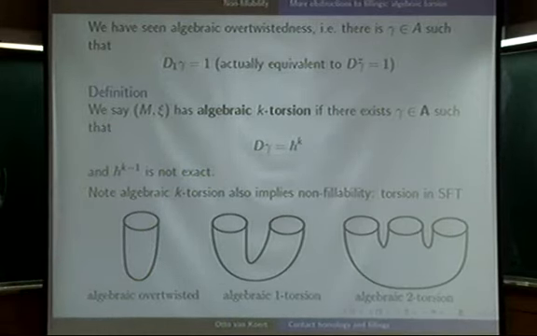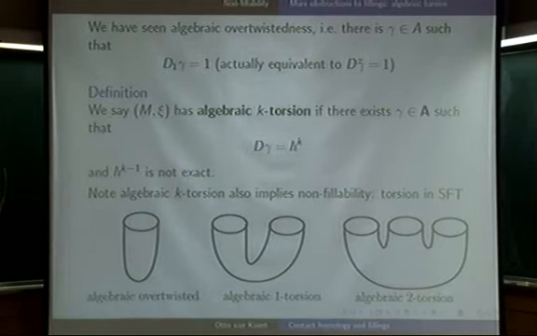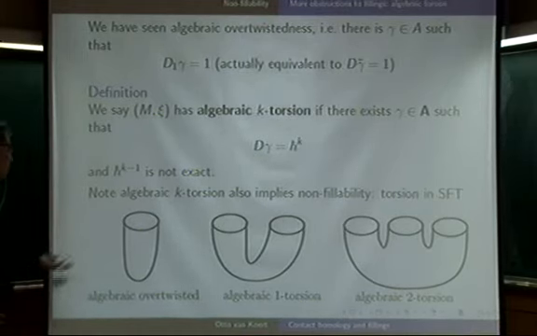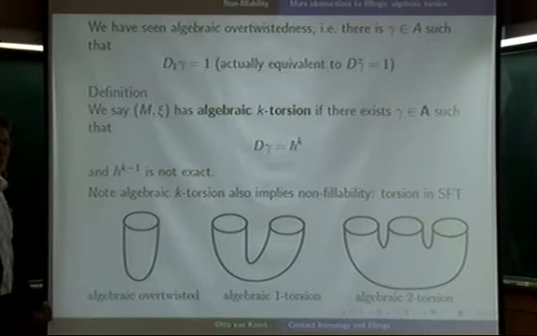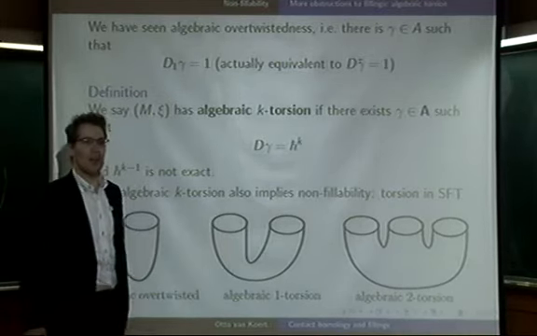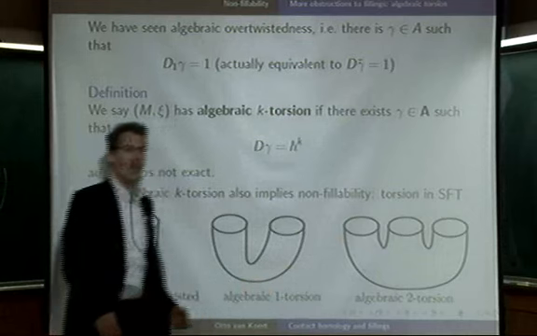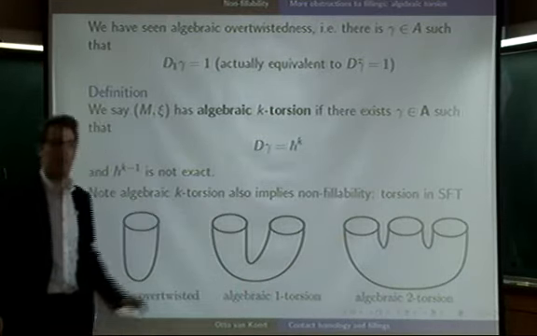This also implies non-fillability. Basically, the argument is that there cannot be a non-zero map from something with torsion to something with no torsion. So this would be algebraically overtwisted. If there are things like this, then you have one torsion and then you have two torsion, and you can also construct such spaces.